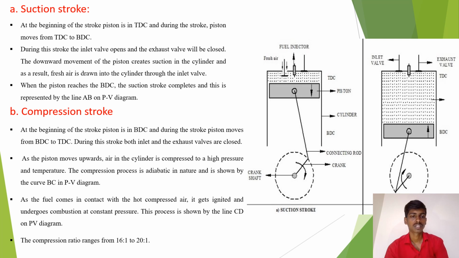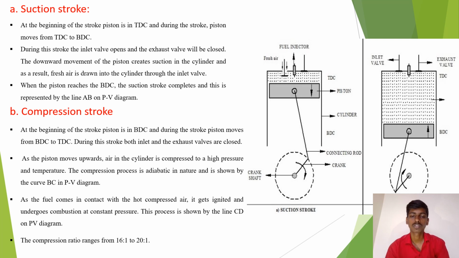Compression stroke. At the beginning of the stroke, the piston is at BDC and during the stroke, the piston moves from BDC to TDC. During this stroke, both inlet and exhaust valves are closed. As the piston moves upward, air in the cylinder is compressed to a high pressure and temperature.